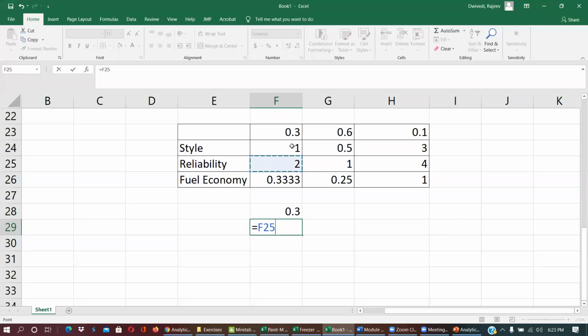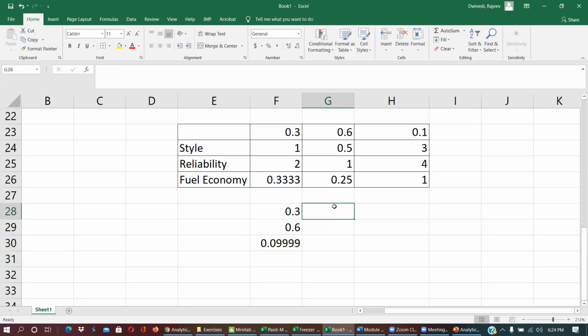This multiplied with this. This multiplied with this. Similarly, we are going to do 0.6 multiplied with this. Oh, I am doing something wrong, probably. So this is correct.